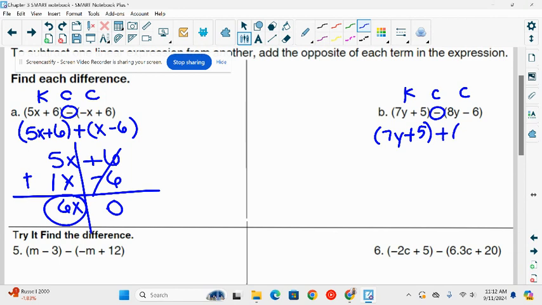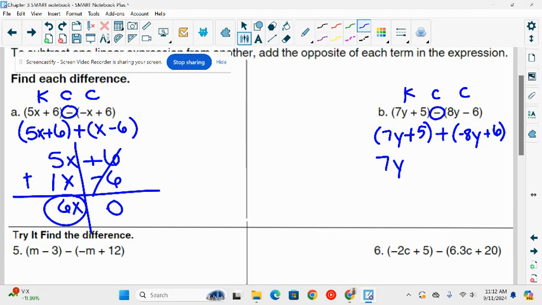And then I'm going to change the signs. Keep the first, change the sign. So instead of positive 8y, it's negative 8y. Instead of minus 6, it's going to be positive 6. Good. And now what do we do? Just stack it up and add it.